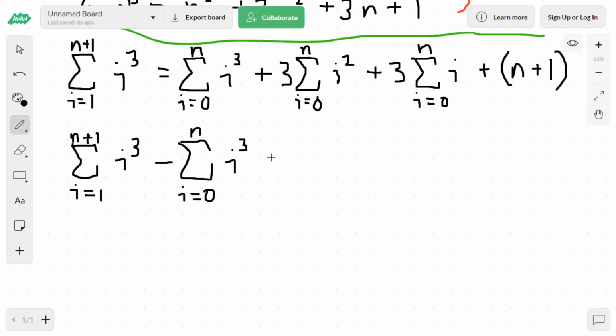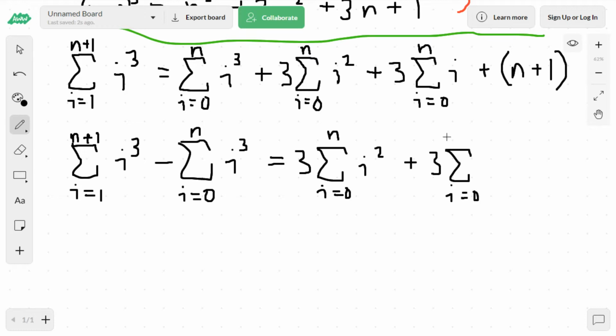And then we've got 3 times the thing we're looking for, the sum from i equals 0 to n of i squared, plus 3 times the sum of numbers from 0 to n, and then we have n plus 1 over here. It doesn't really need to be in parentheses. I just wanted to make it clear where it was coming from before, but this is fine.